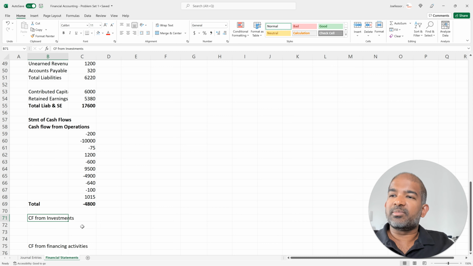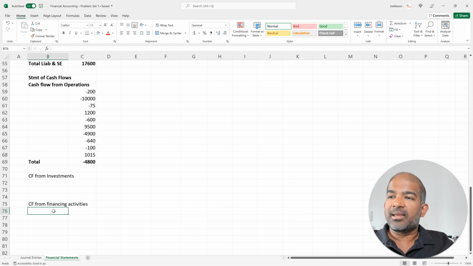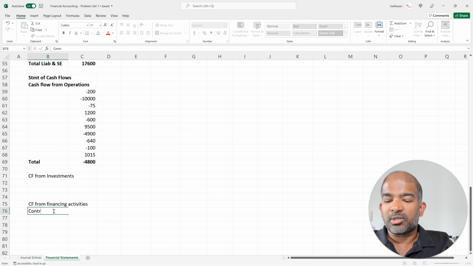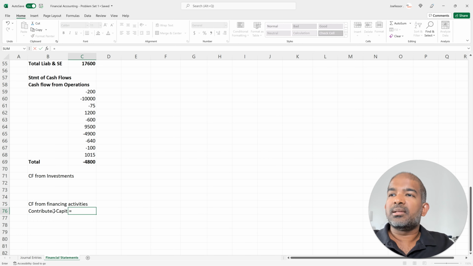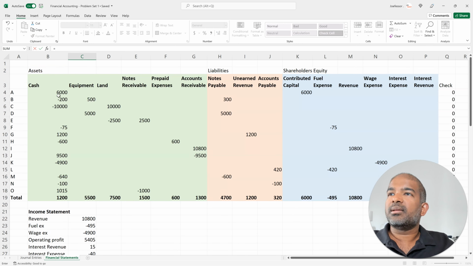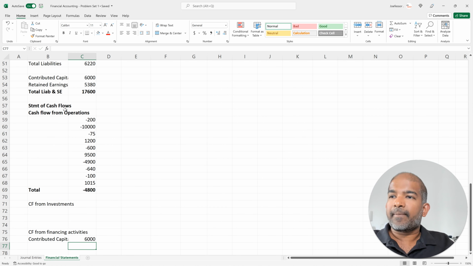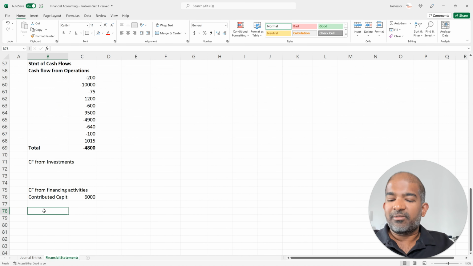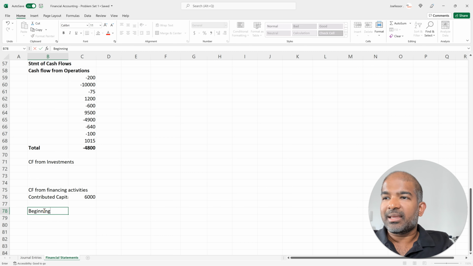Cash flow from investments, we didn't have anything. Cash flow from financing activities, we had some contributed capital from our investors, which would be just the 6,000. Then we'll also have a beginning cash balance. We do the same as we did for retained earnings.